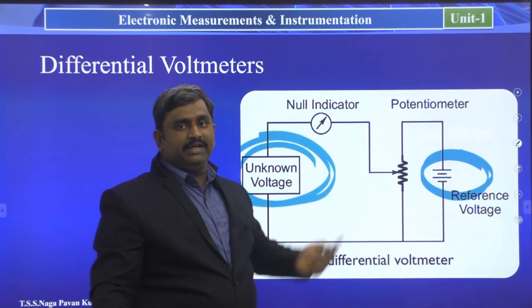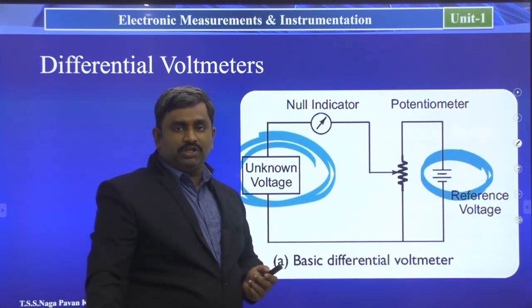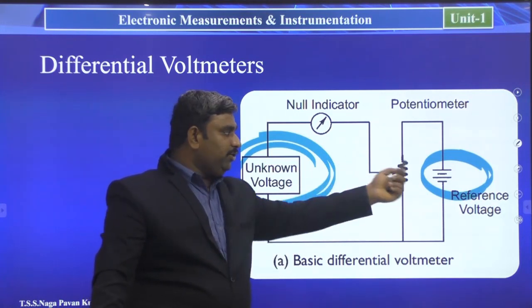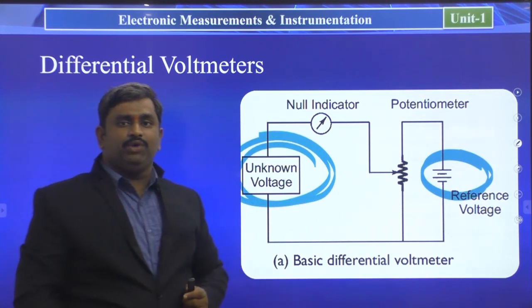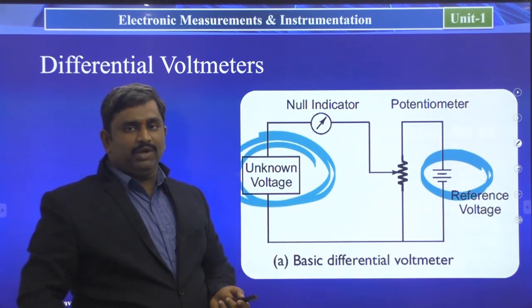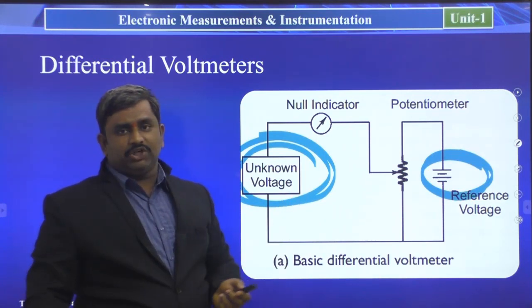If the null indicator gives a 0 scale reading, then the unknown voltage is equal to the reference voltage, and we can easily read off the unknown voltage value. This is how the differential voltmeter operates, and this covers the construction details.